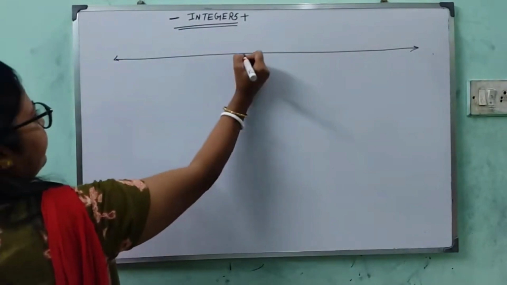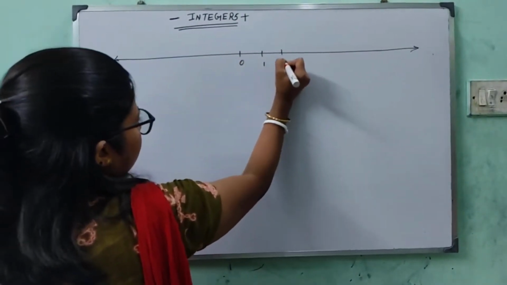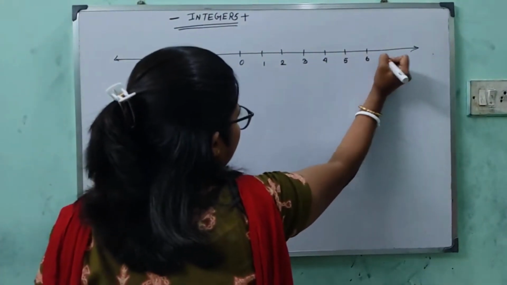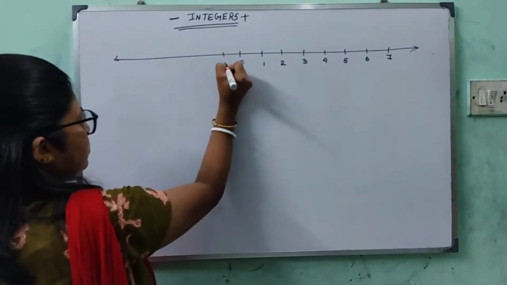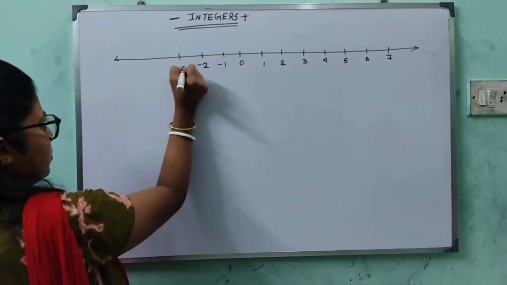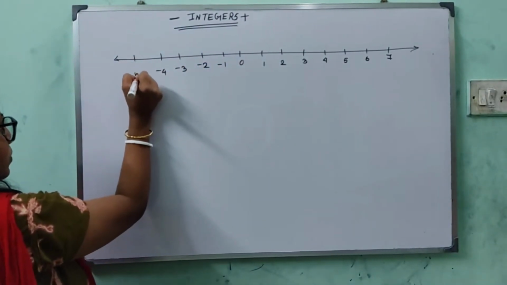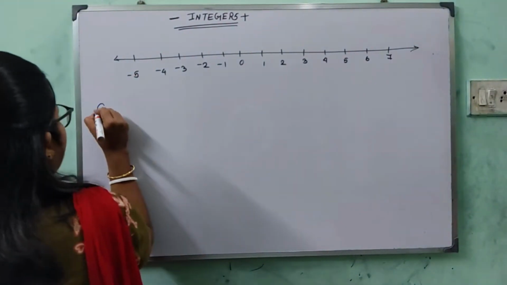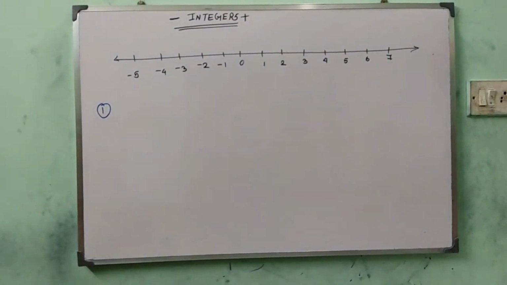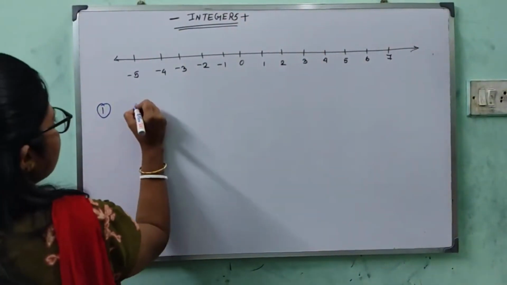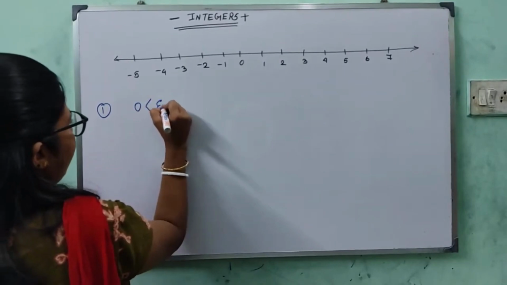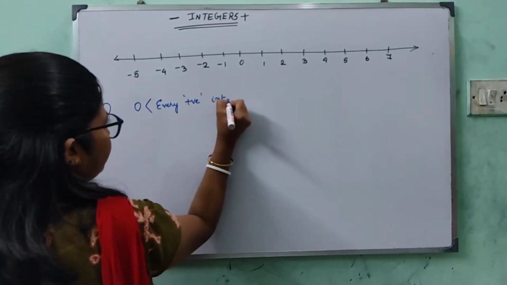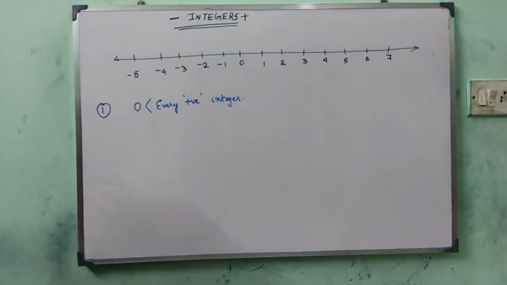Let us draw the number line first. Now, you have to know certain facts about the integers. That is, 0 is less than every positive integer. This we know because we have been doing natural numbers.